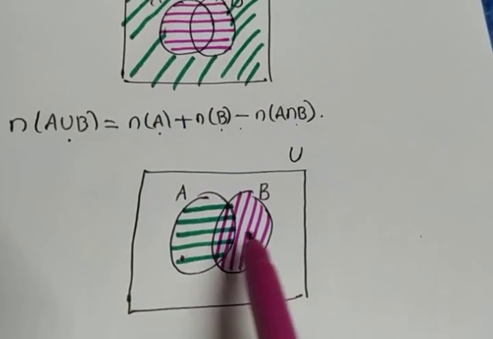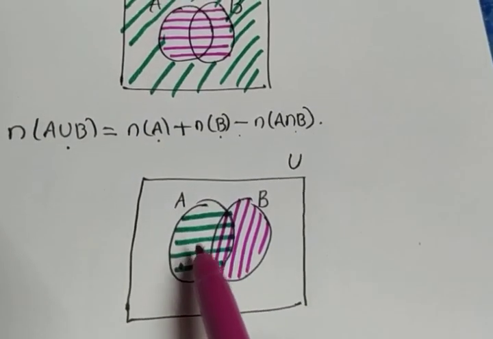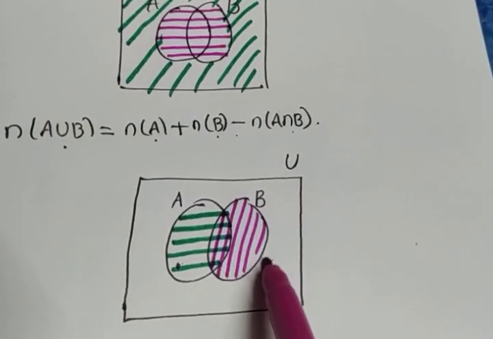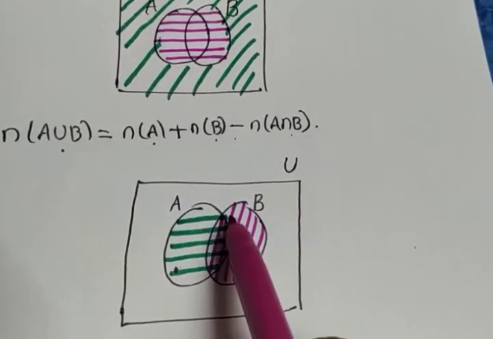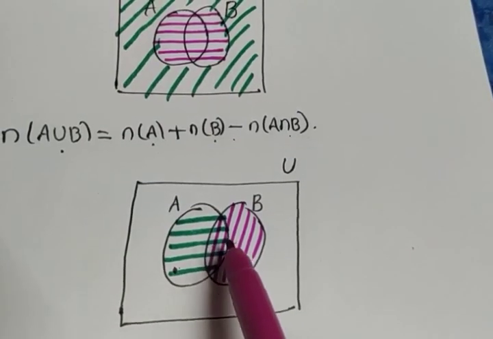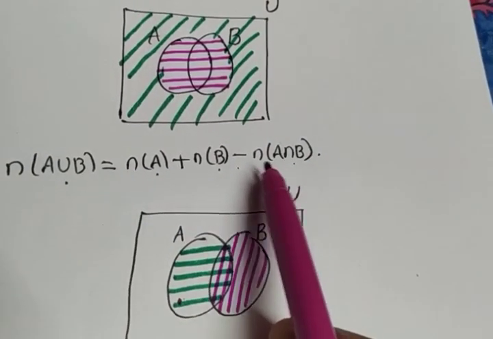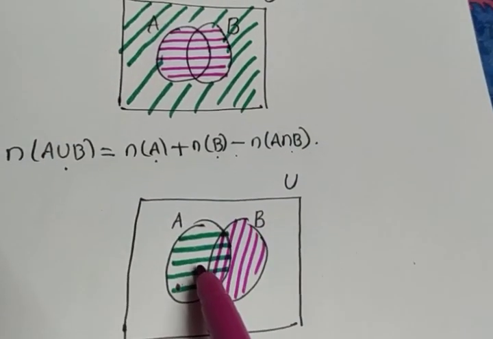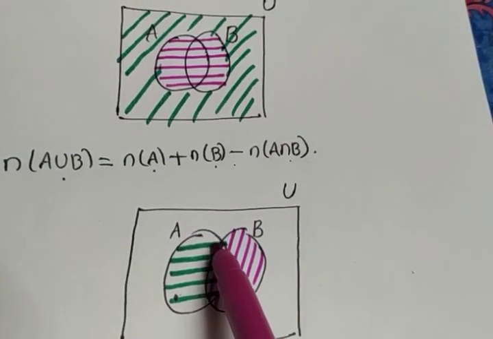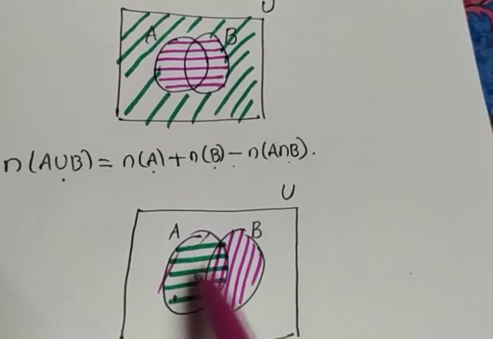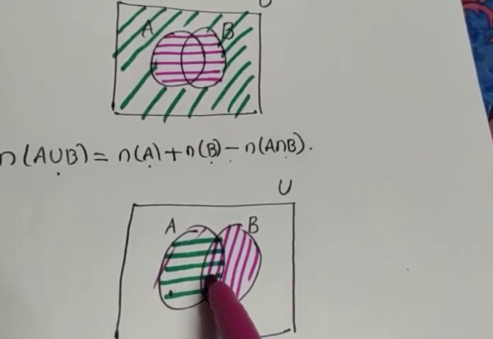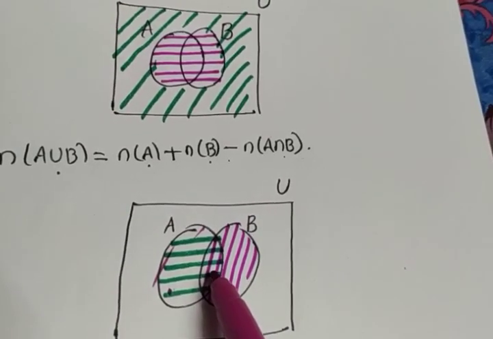So if I take the union, this portion will be coming, this portion will be coming, and this A intersection B will be coming twice. So we have to avoid one. That is the reason why I am subtracting n of A intersection B. Clear? N of A means it is this portion plus n of A intersection B. In B also A intersection B comes.